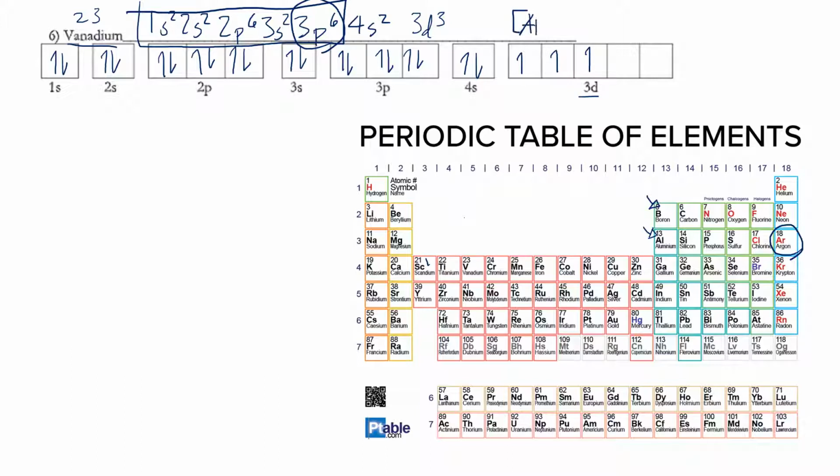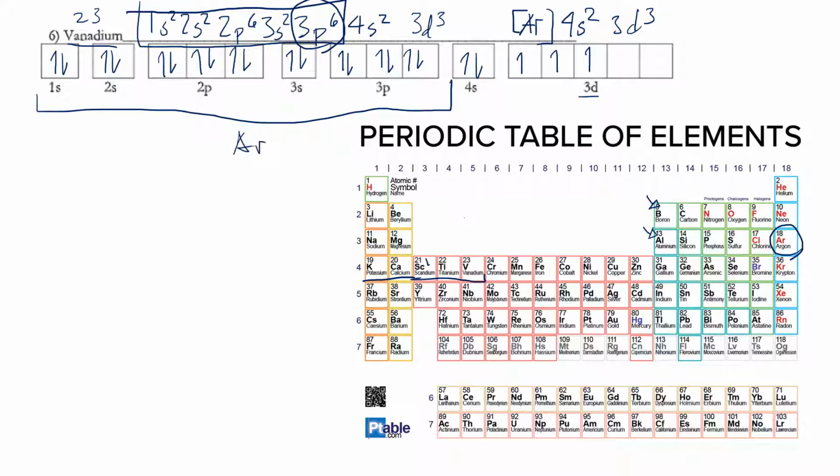This whole box is argon anyway, so let's just write argon, and then we'll write these guys. This is 4s2, and then these guys, 3d3. Good, right? All these guys here, all the way up to 3p, this filled up p orbital, is basically argon. So instead of writing all that junk, I just write argon in a little bracket, and that makes things way easier for me.